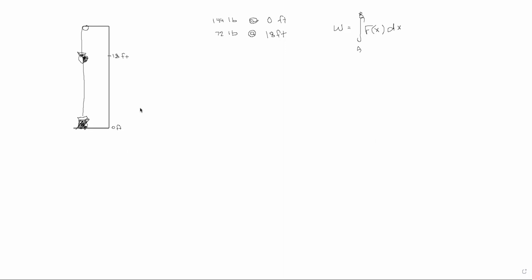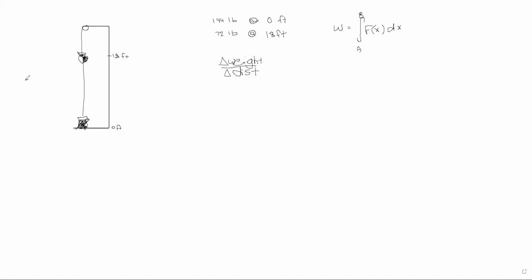First we need to come up with a model for how the force is changing. The change in force can be modeled as a change in weight, delta weight, divided by the change in distance. This is the model we'll use to figure out the force that the bag of sand is exerting on the lifting equipment.